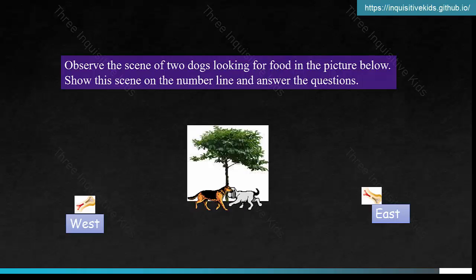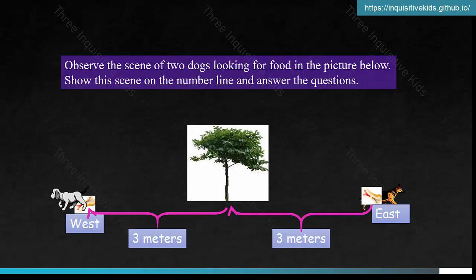Observe the scene of two dogs looking for food in the picture below. Show the scene on the number line and answer these questions. Both of the dogs start from the tree, and the white dog went west and the yellow dog went east, and they both traveled 3 meters in their directions.